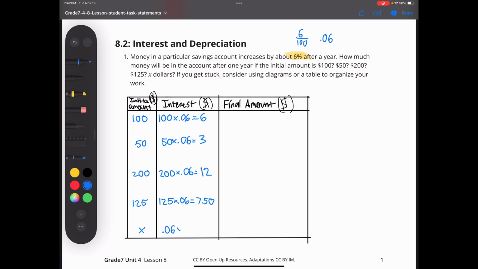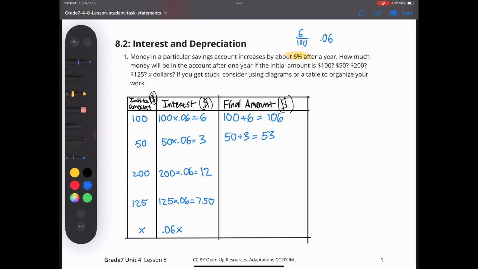Now that we've calculated the interest for all the principal amounts, we can get the final amount. The final amount is the interest plus the initial amount, meaning how much you have in the account to begin with plus the interest. So the final amount here is 100 plus 6, 106. Here it's 50 plus 3, 53.